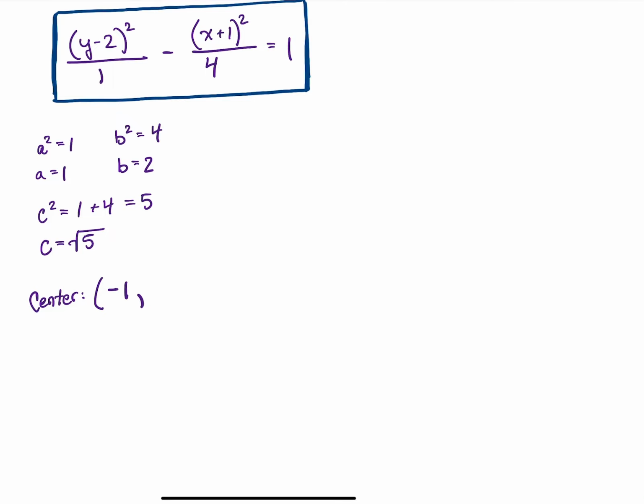And then the y part will be associated with our y value. I have minus 2 here, so it will show up as a positive 2 in the center point. So that's where we will orient things at negative 1, positive 2. So center point at negative 1, positive 2.